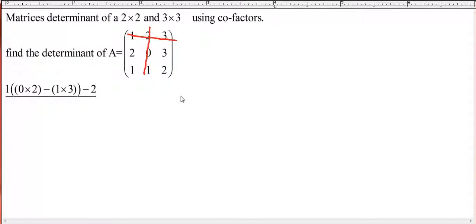So that is now 2 by 2, and then we subtract 1 by 3, that's 1 by 3 times 3.